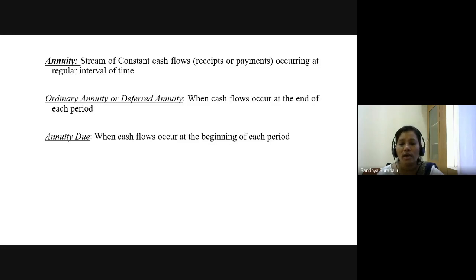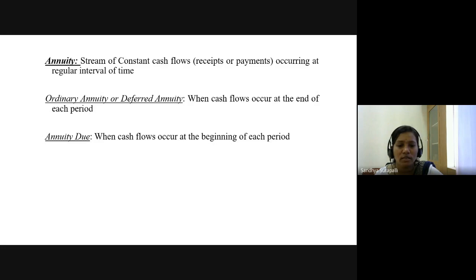In that, if the cash flows are same for every year without change in the value of the cash flow, we call it as annuity. So you get pension, your parents get pension, or your grandparents are getting pension. Every month they get same amount, right?